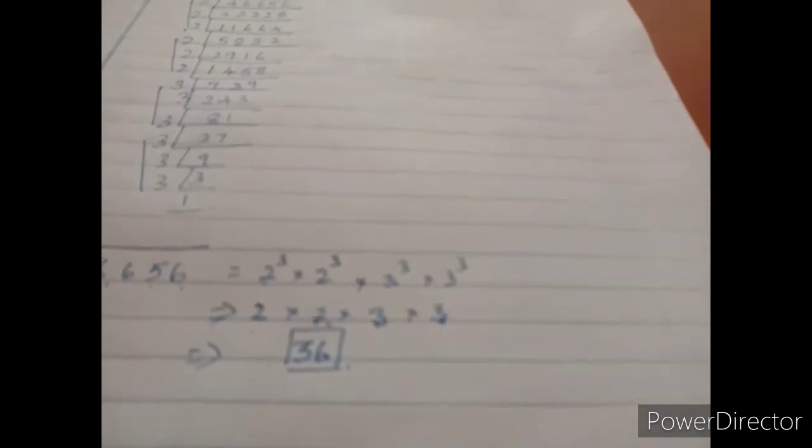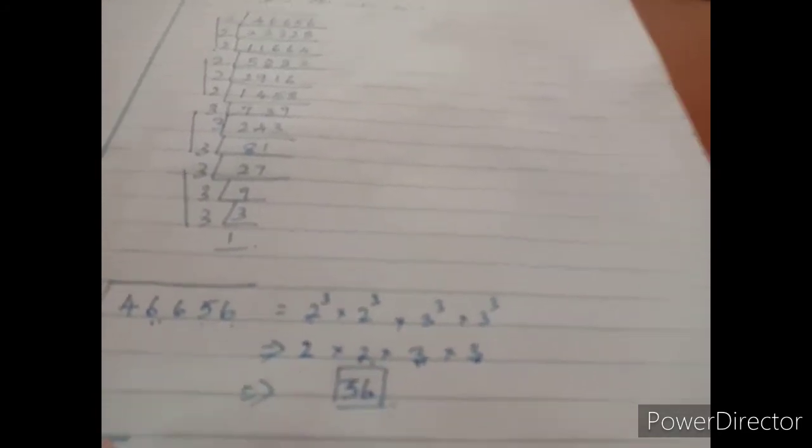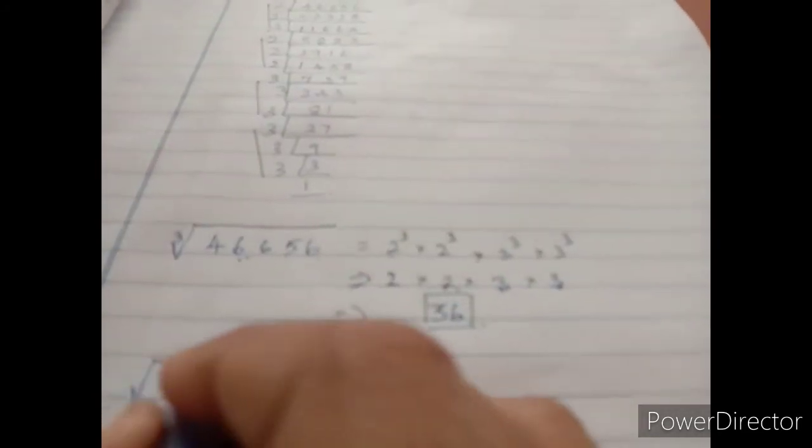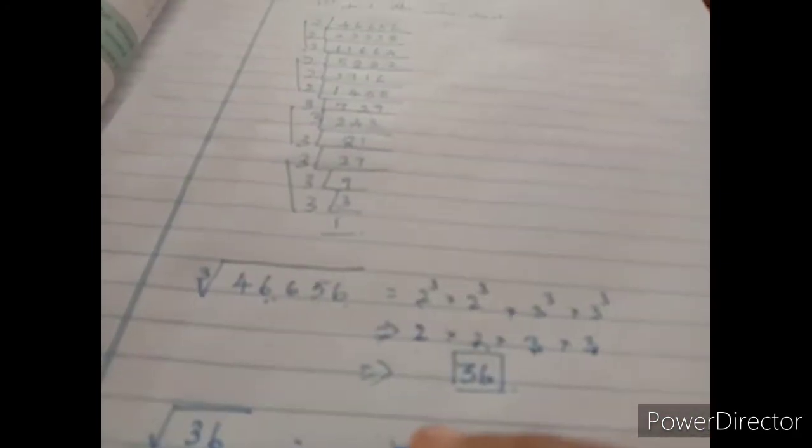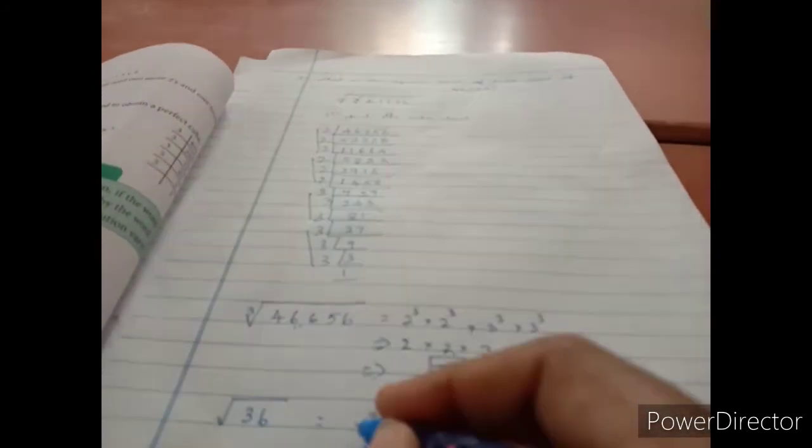Now what will you do? You have to take the square root of 36. You have to factorize. 36: 3 12s are 36, again 3 4s are 12, then the 2 table, 2 2s are 4, 2 1s are 2. Square root means, as you know very well, you have to pair into 2 numbers.